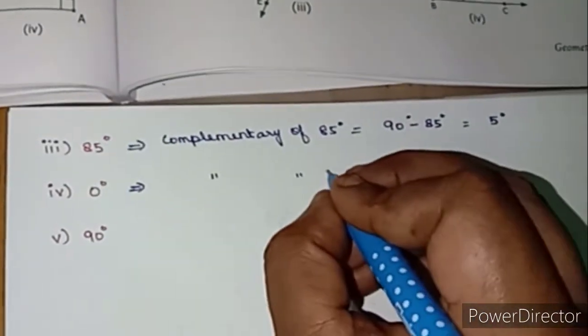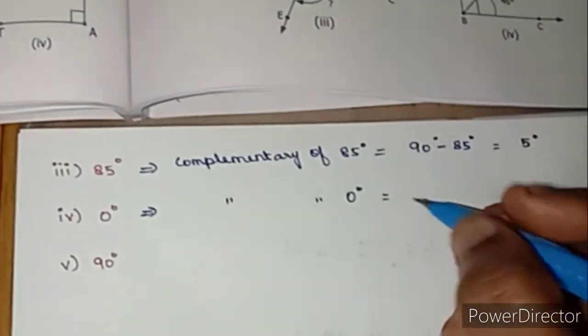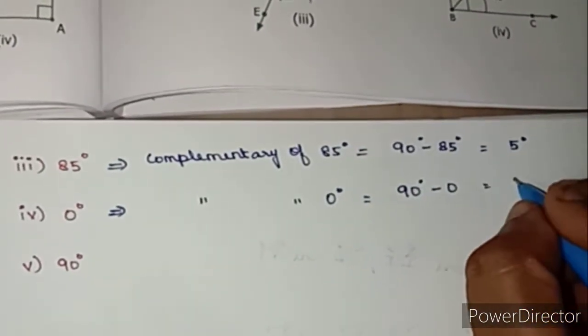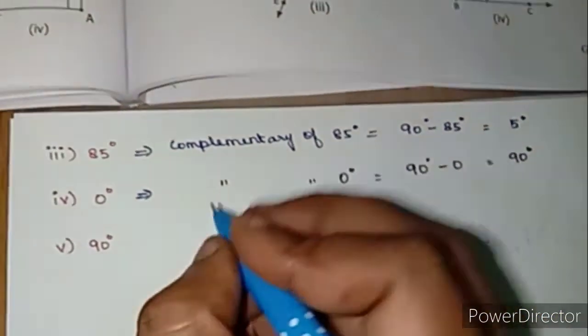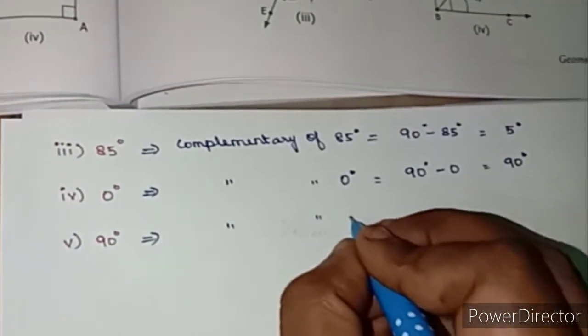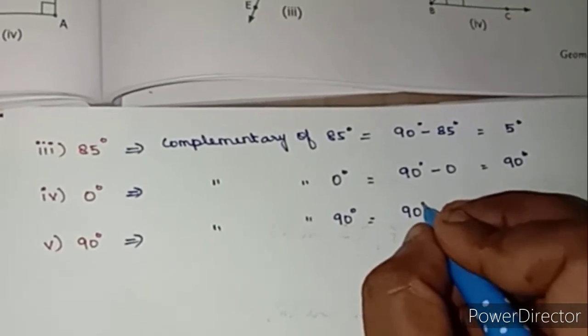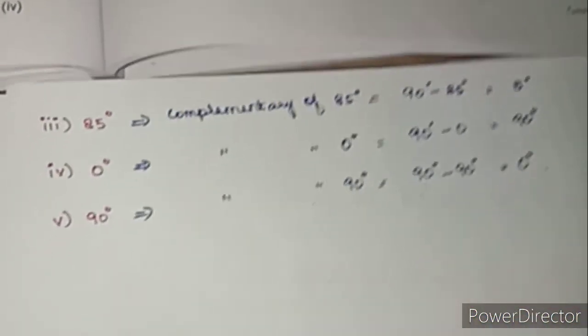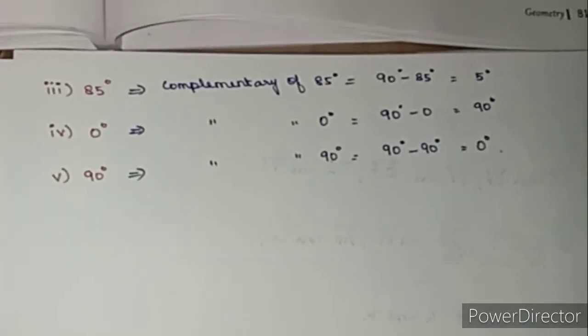Complementary of 0 degree is 90 degree minus 0, which is 90. See the next one. 90 degree. Complementary of 90 degree is equal to 90 degree minus 90 degree, which is 0. Okay, we'll go with the next question.